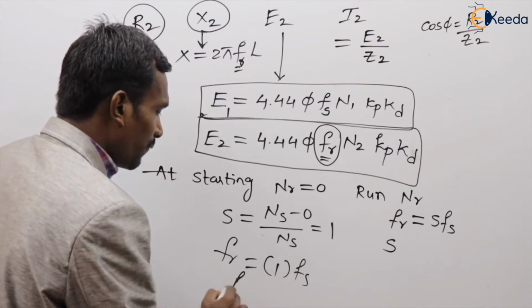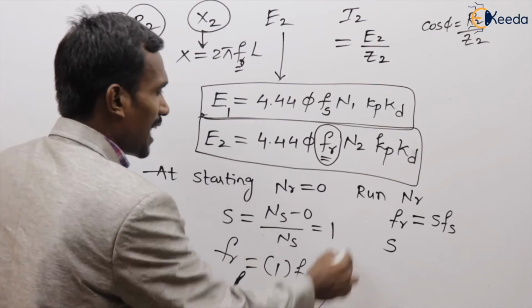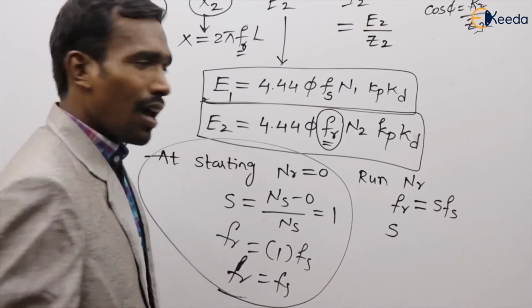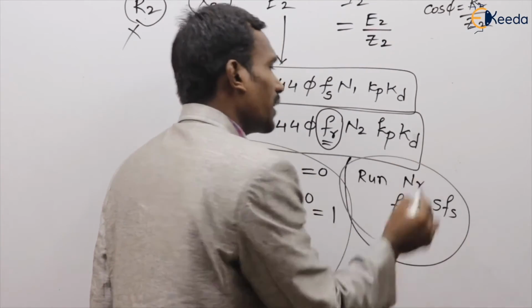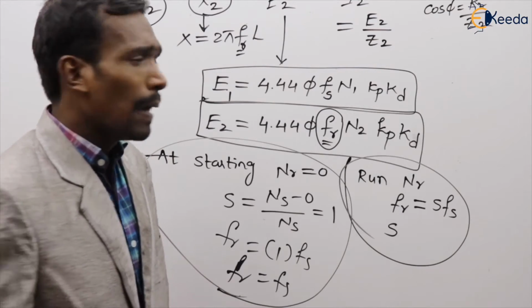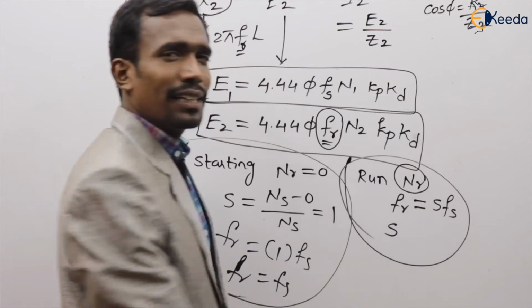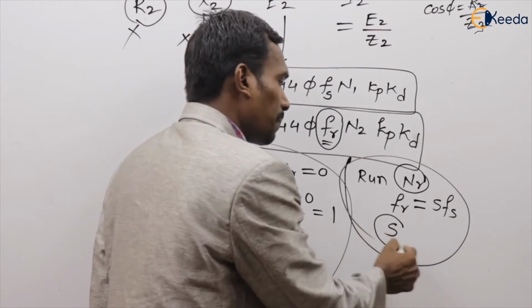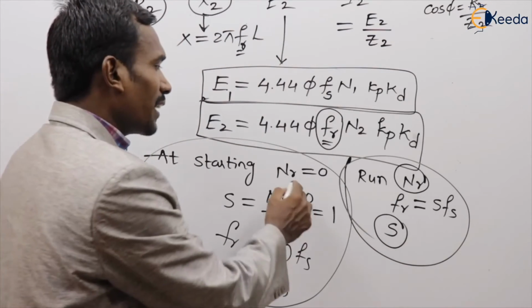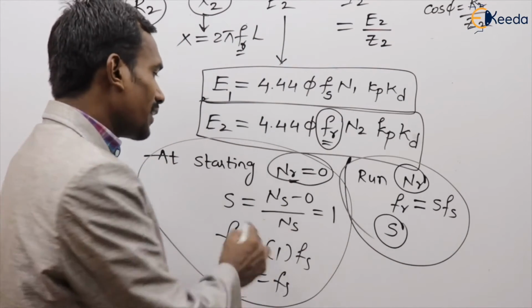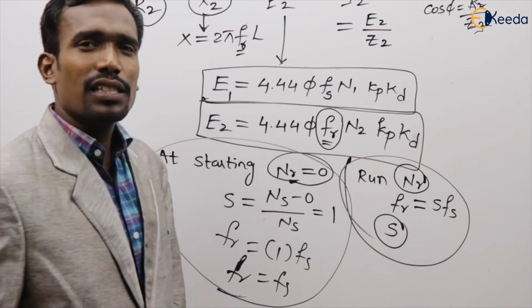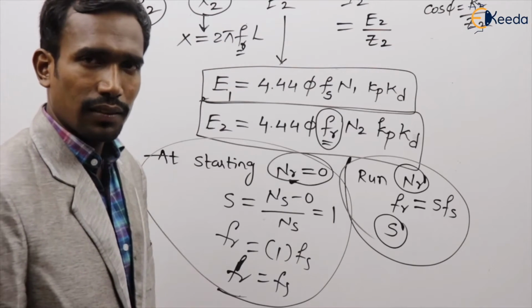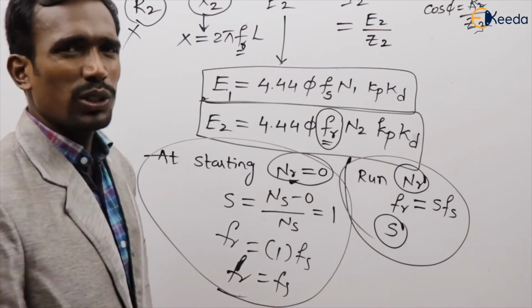That's why Fr is equal to Fs for starting, and Fr is equal to s into Fs for running. Because at running, the speed is Nr and the slip is s. At starting, the speed is 0 and the slip is 1. Right? This is the rotor analysis.